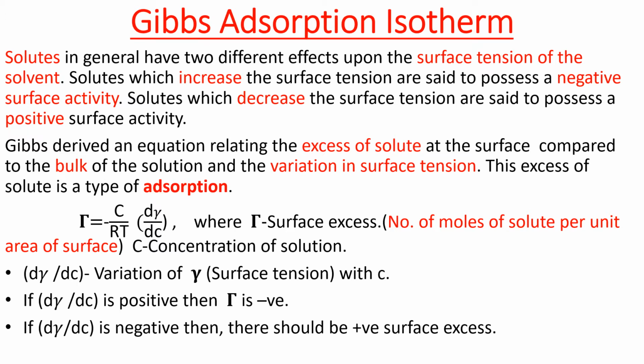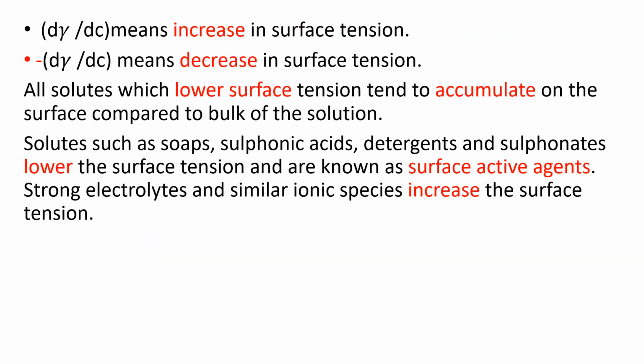And if dγ by dC is negative, there is a negative sign already there, so negative into negative, then surface excess is positive. Positive dγ by dC means increase in surface tension. Negative dγ by dC means decrease in surface tension.